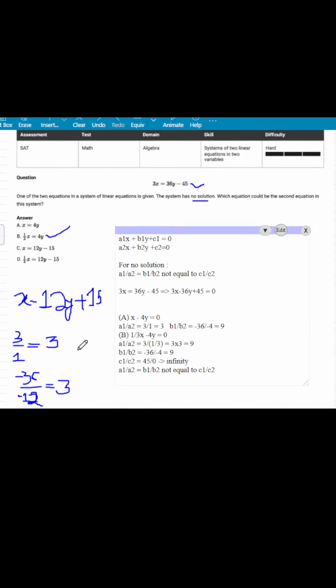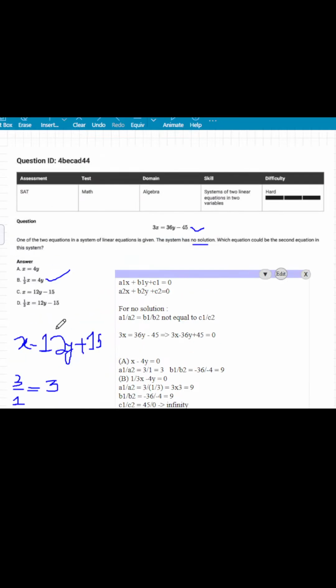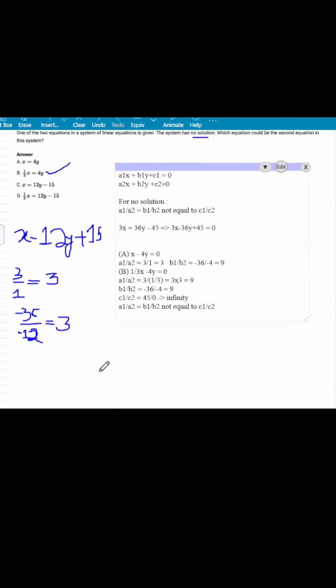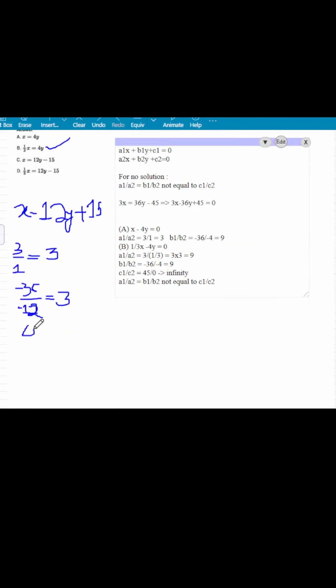So these two ratios are again equal for option C, and then 15 comes to this side, so it will be plus 15, and here it is plus 45. So c1 by c2 would be 45 by 15.